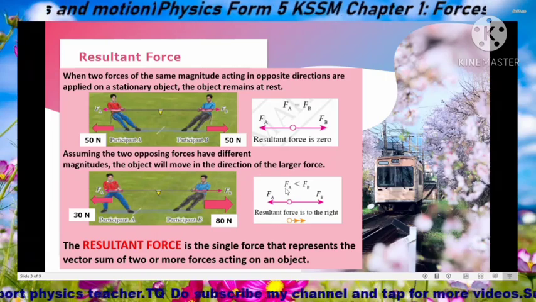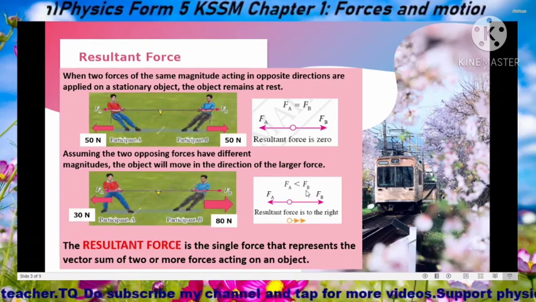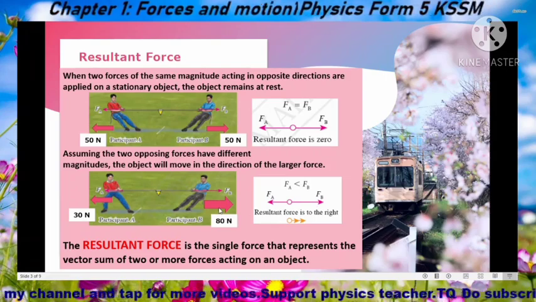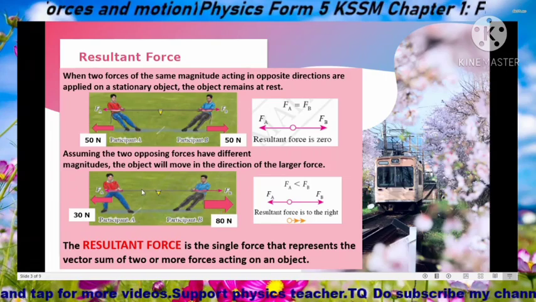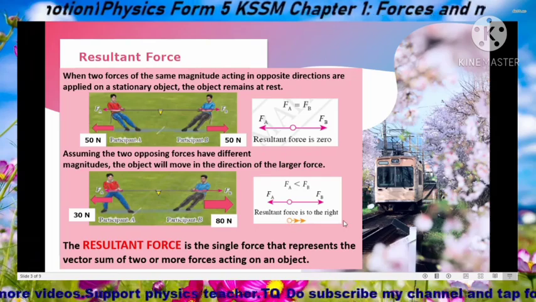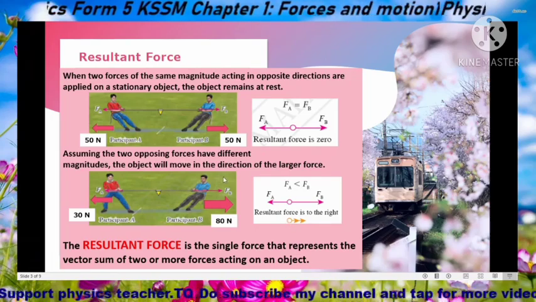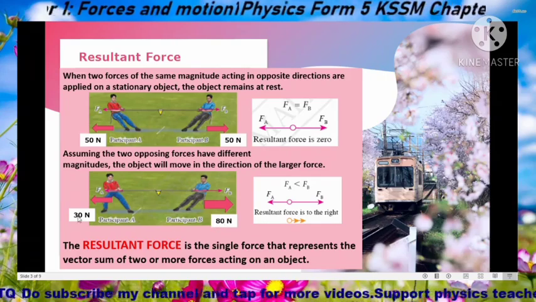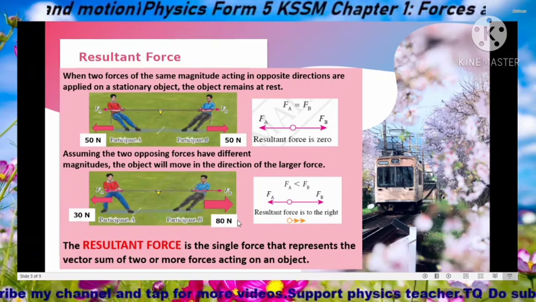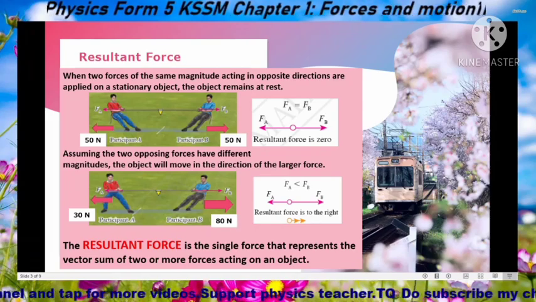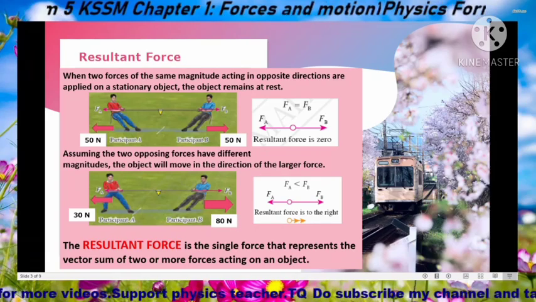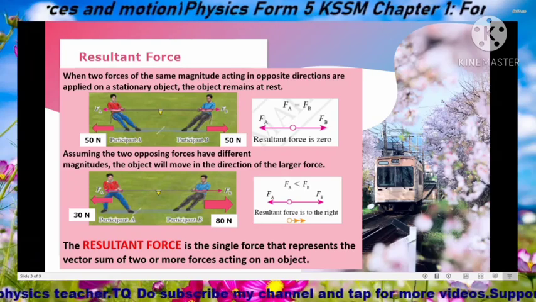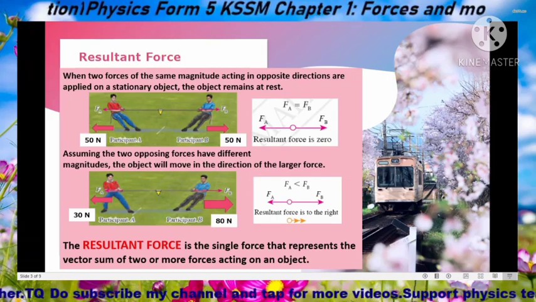So in this case, Fa is smaller than Fb, so the forces are not balanced. Fb is greater than Fa, so this will produce a resultant force to the right. The net force to the right is equal to 80 minus 30, or 50 Newton towards the right. So you can see from here, the object will move in the direction of the larger force.